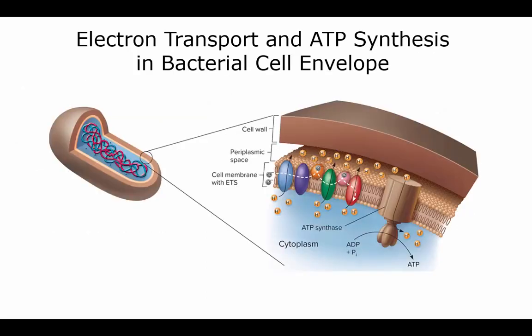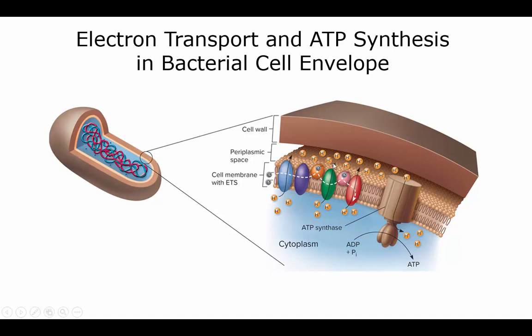So this is what it looks like in the prokaryotes, all right? You remember we have this periplasmic space in here. Here's our electrons in our membrane, and you see we've got all these hydrogen ions in here, and the electrons are going to move through this transport chain here, but the hydrogen ions, the protons, get pumped through into this periplasmic space, this intermembrane space, and we end up with a gradient.